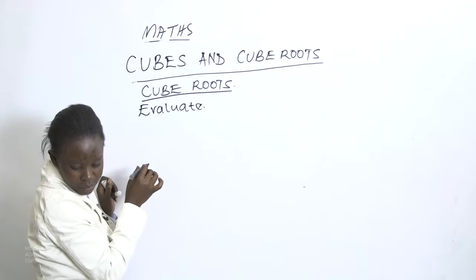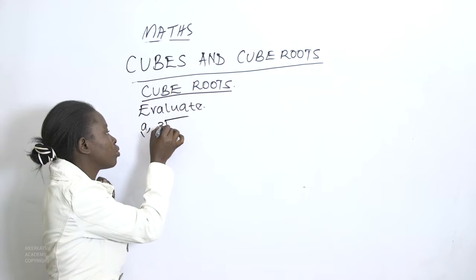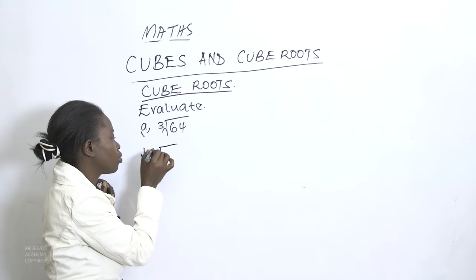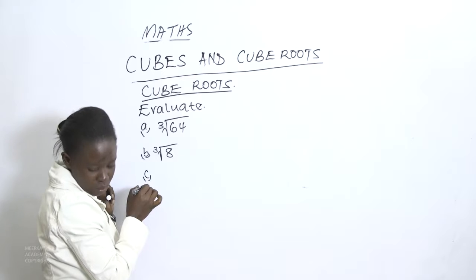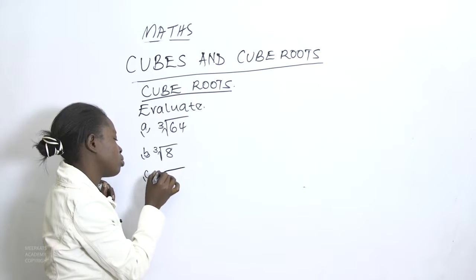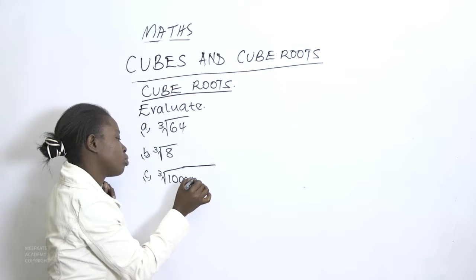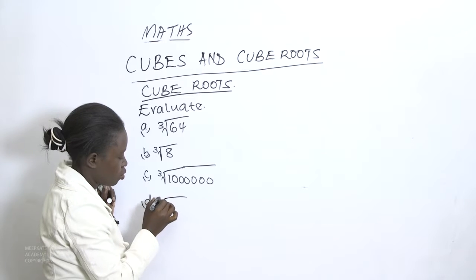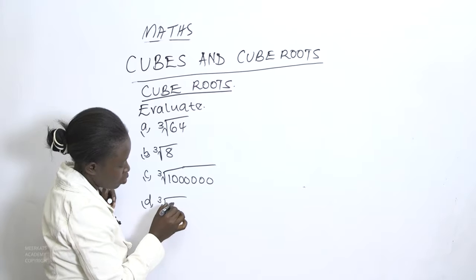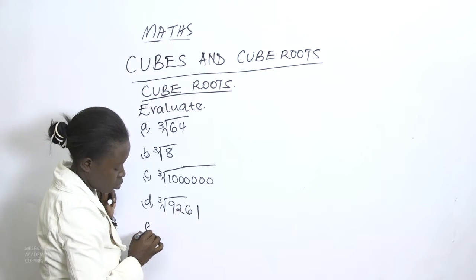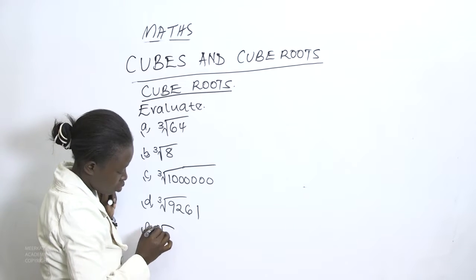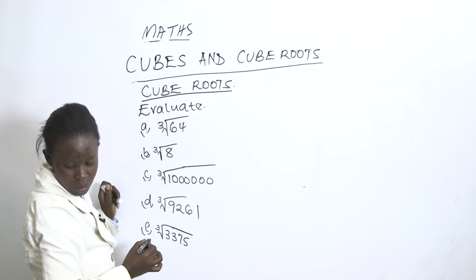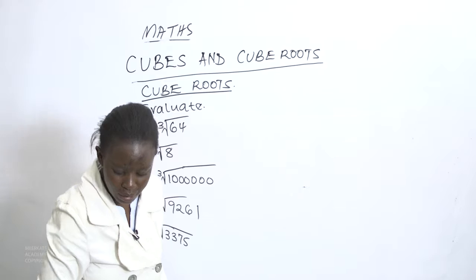So evaluate. We are getting the cube roots of these numbers we have on the board.